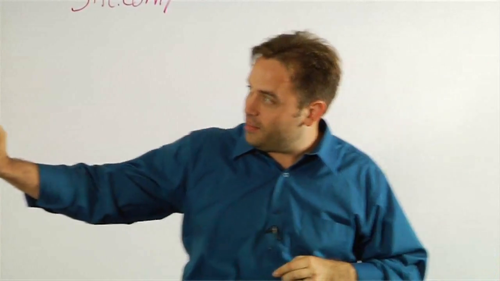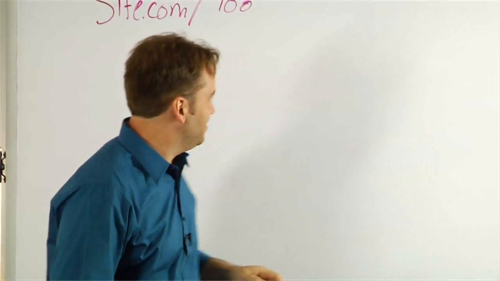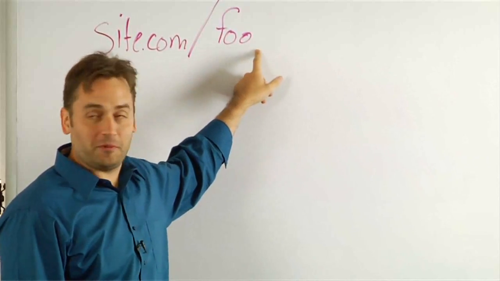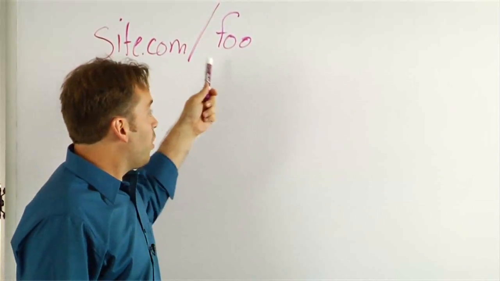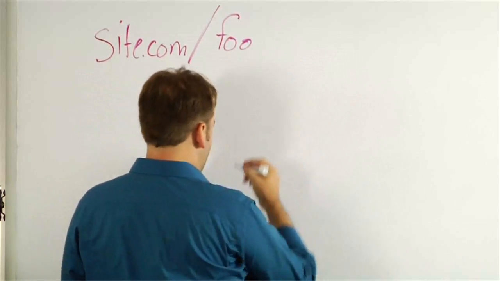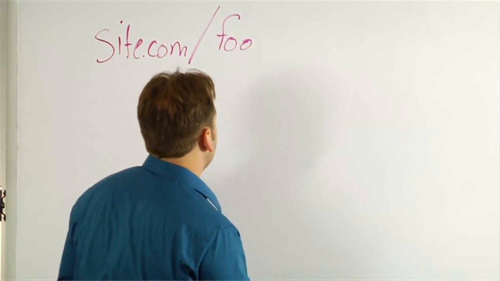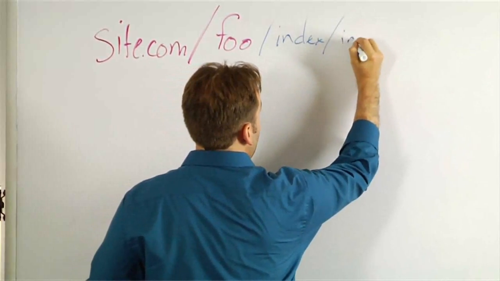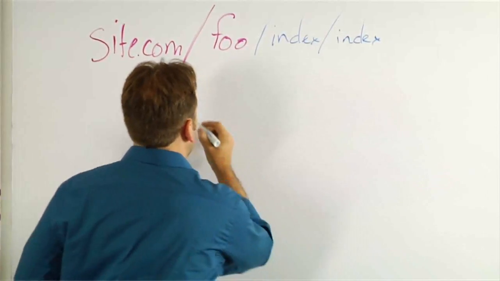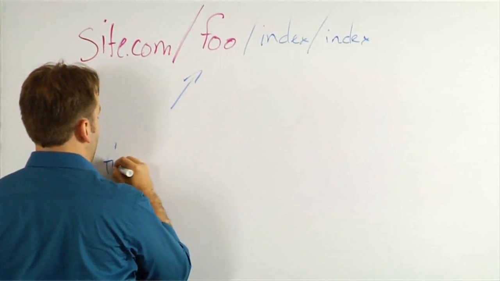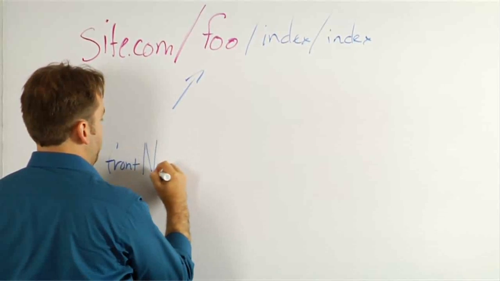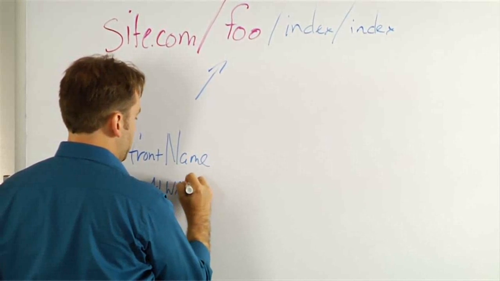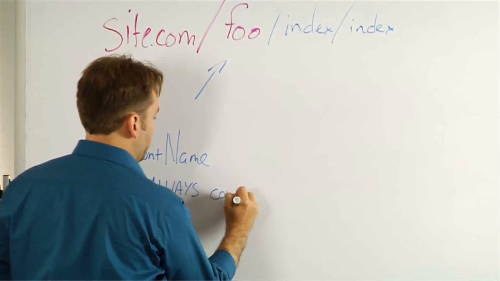If I change that value in front name to anything else, I would need to access my module through whatever new value I put in there. So right now, this would actually map, without me specifying anything else, to index controller index action. So front name is always configured.